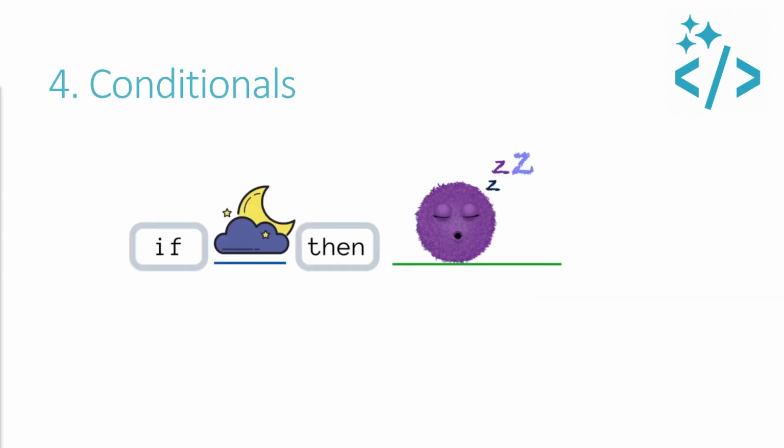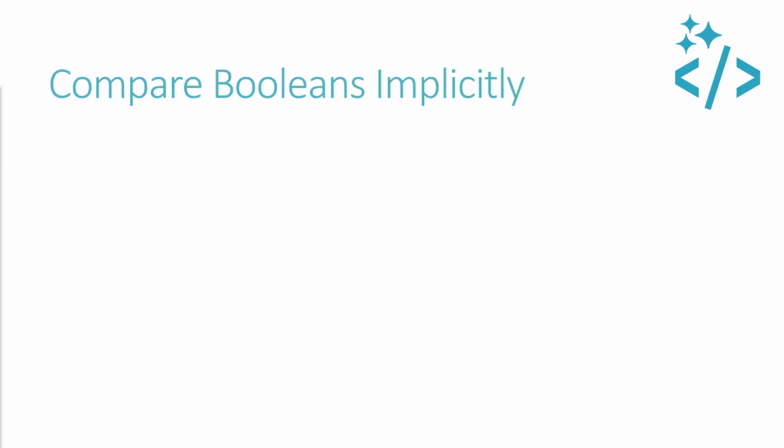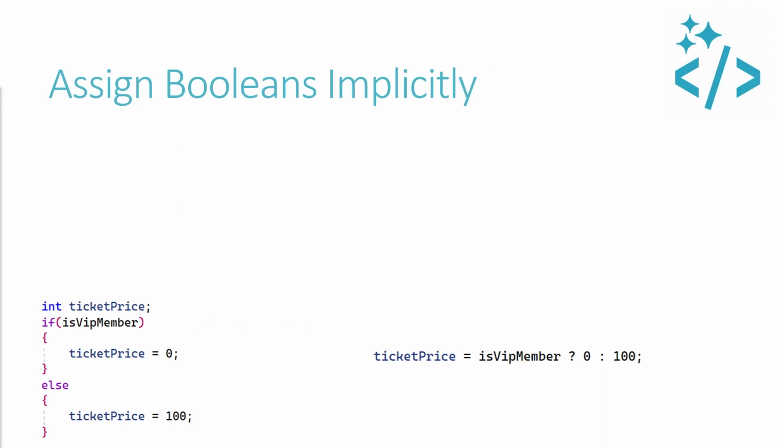Next, we're going to talk about conditionals, some examples and how to write better conditional statements. So if, then, else, while loops, for loops, this kind of thing. Here is an example in C# of how two Booleans can be compared. It's easier if you use this directly, this logged in, without putting this equal sign. We should also assign Booleans implicitly.